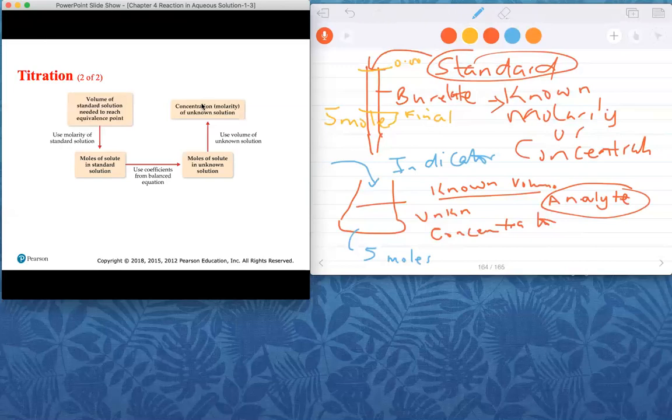So the objective in solution stoichiometry is to move from point A here to point B here, and this is the roadmap. It might sound like a long route, but it is not once you know. I'll show you an easy way of figuring it out without having this diagram.